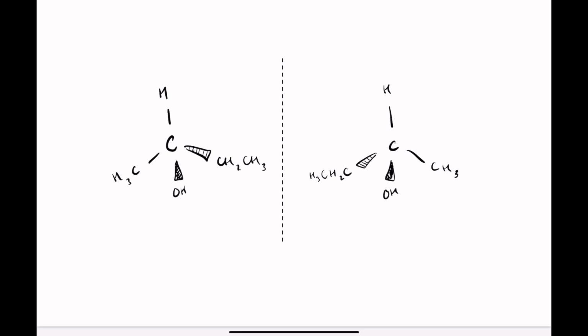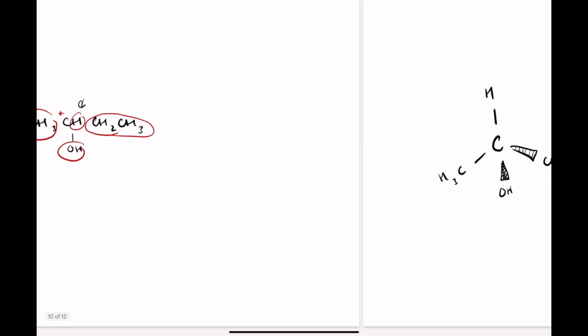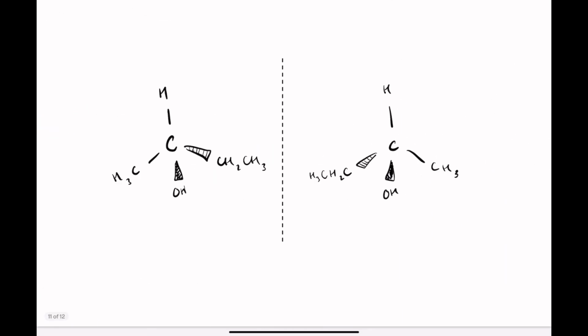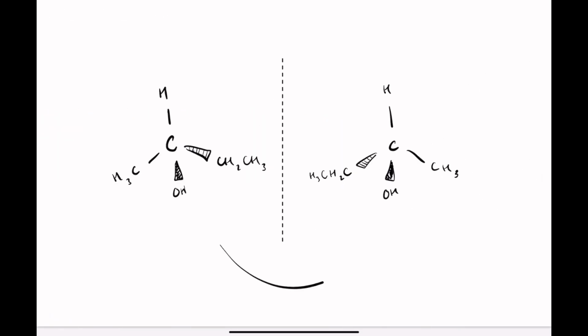You have your chiral carbon, you have your H, you have your CH3, you have your OH, and you have your CH2CH3 right here. And you take a mirror image, and you end up with 2 enantiomers. And again, these 2 are completely different in their 3D orientation, and you will not be able to get them to have the same orientation ever.